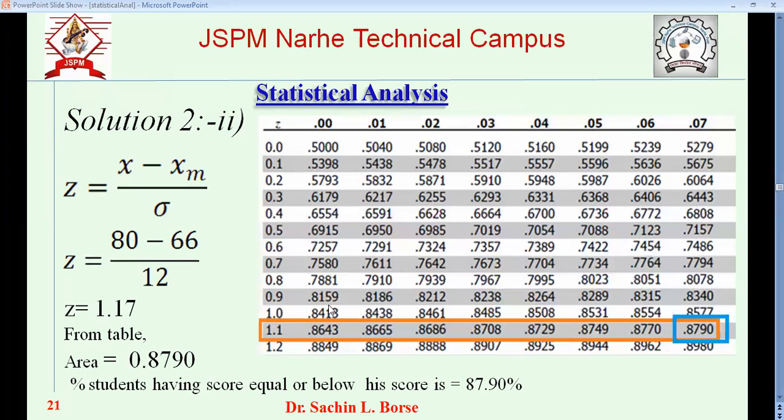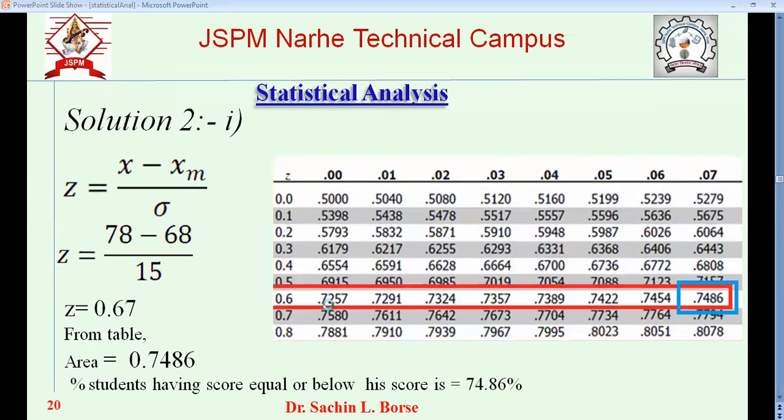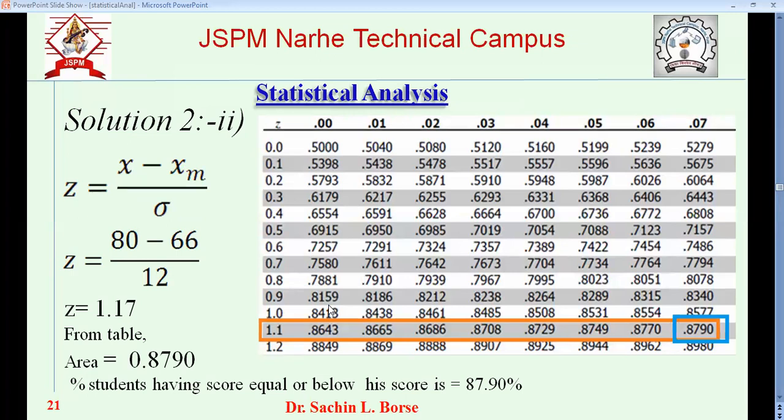So almost how much rise is there? Almost 12 to 13%. Just by increasing 2 marks, he is now in a higher percentile. But why did this happen? Because all students are not good in all subjects. Maybe in the earlier subject his performance was not good, but in this subject his performance is good.